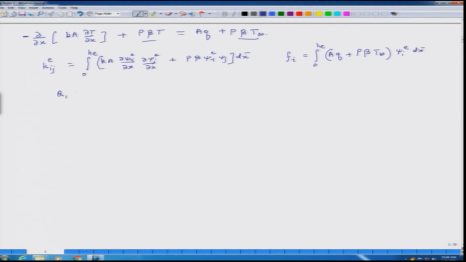And then the Q's, Q1 was Ka del T over del X, and there is a minus sign here at X bar equals 0, and Q2 for the eth element is exactly the same relation, but with a positive sign and evaluated at X bar equals He, and these are all X's in local coordinate system. So, I am not using X, but I am using X bar.